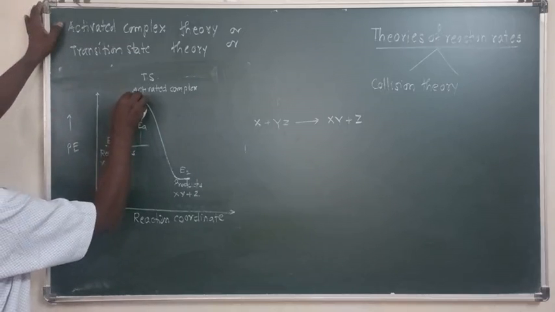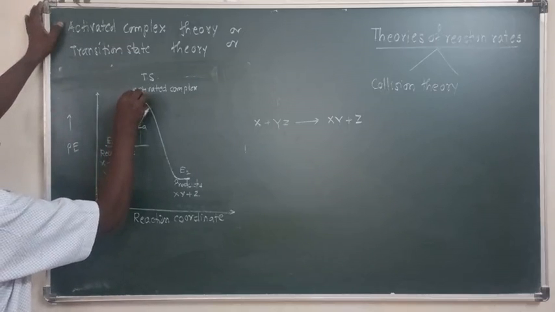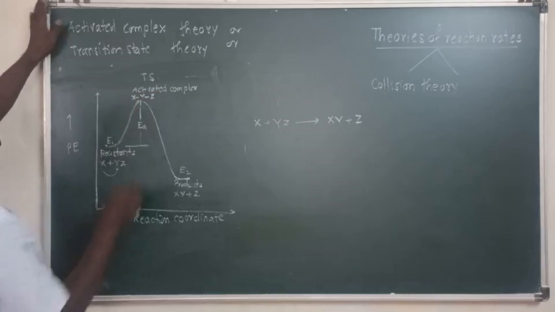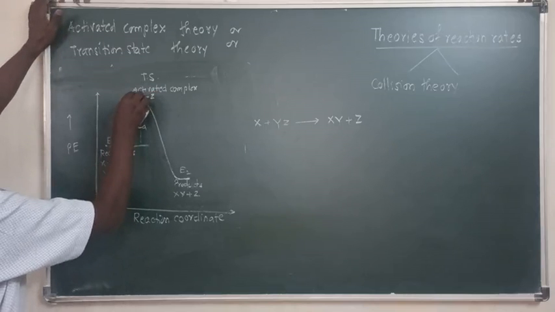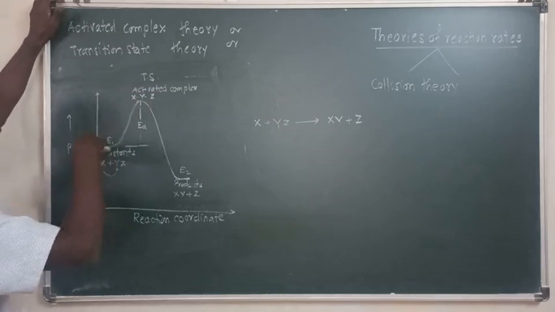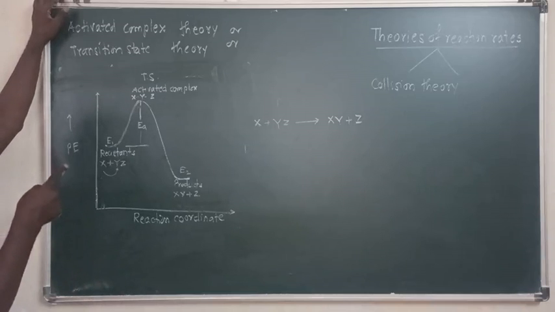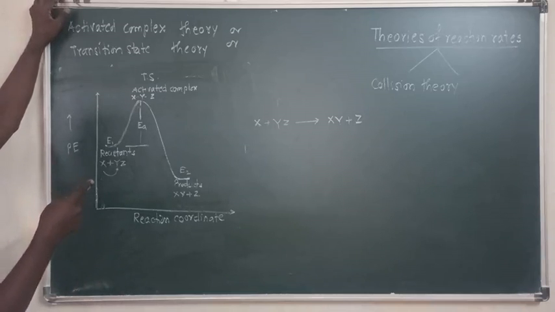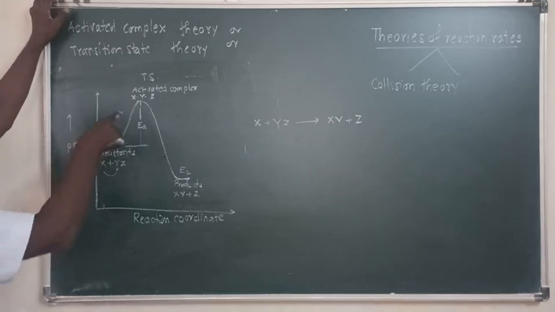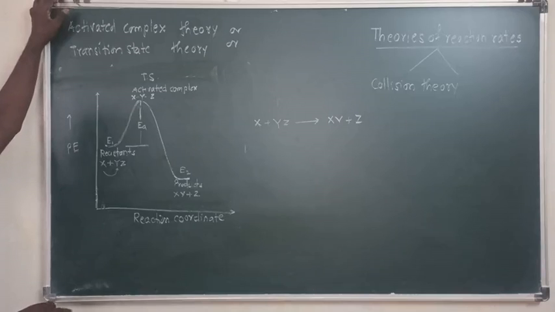The activated complex in this case is X···Y···Z, which we show with dotted lines. Dotted lines indicate that it has high energy, due to which it is unstable and has a very short lifetime. It is highly unstable.